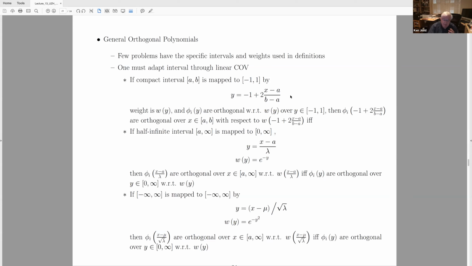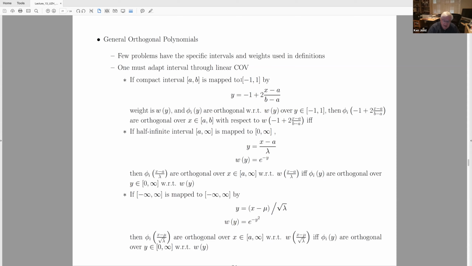And then if you have orthogonal polynomials with respect to some weight function over [-1, 1], then these functions are orthogonal over the [a, b] interval with respect to this weight function. So it's a matter of doing a linear change of variables. Even though it's linear, this is where you're going to get screwed up in using this stuff, figuring out the linear change of variables and bouncing between one variable and the other.